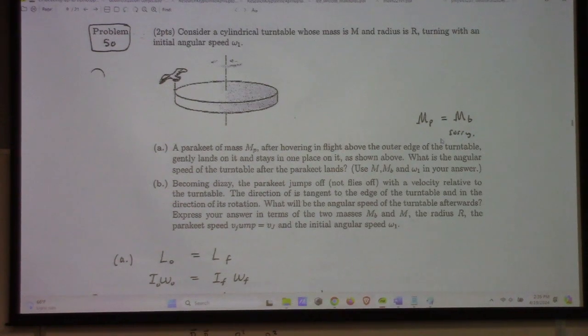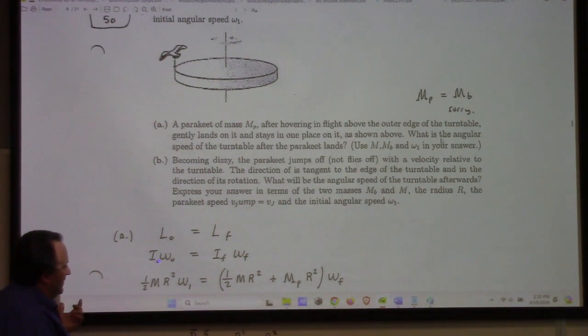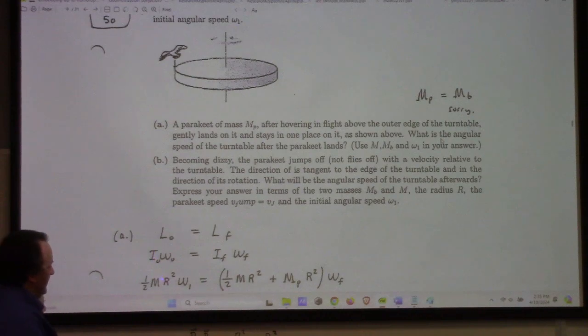So here's the turntable problem. The way to solve part A is to conserve angular momentum. Before and after the bird lands, the angular momentum is conserved. So the initial angular momentum I naught omega naught is equal to the final angular momentum. Why is I naught 1/2 m r squared?